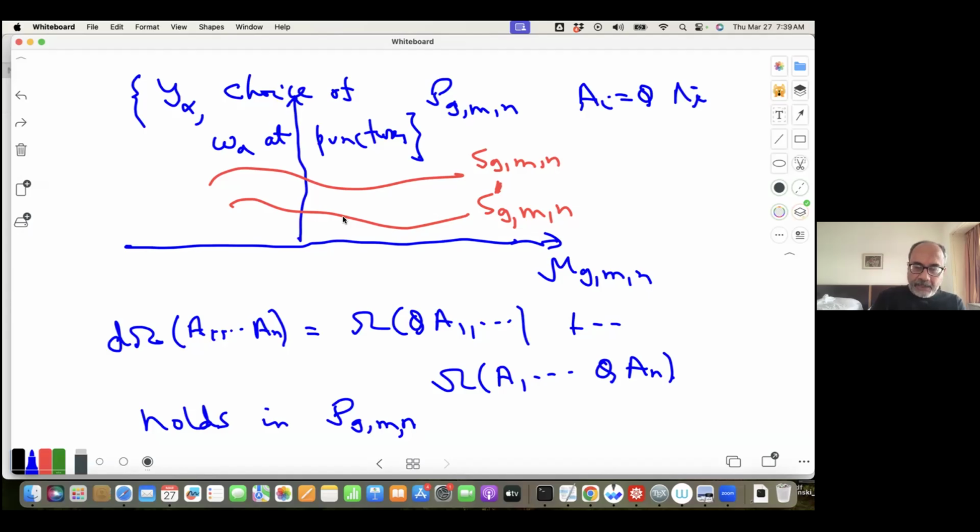But then you cannot ask the question of what happens if you change the representative. Because if you change the representative, the new representative may not be a dimension 0 primary, and then we cannot even define the amplitude unless you have made a choice of local coordinates. Is this clear?